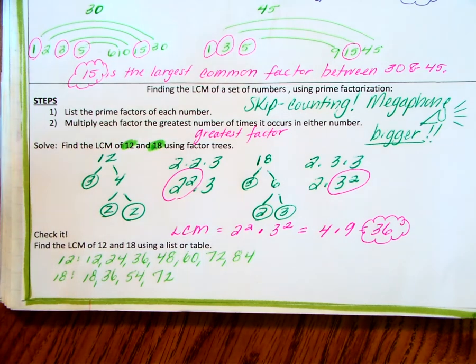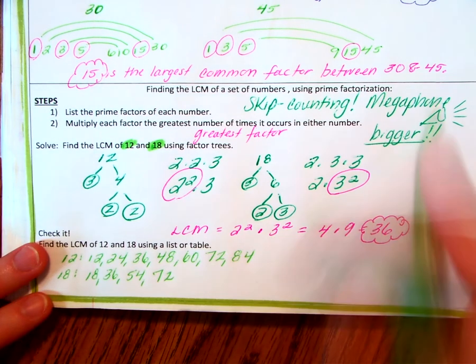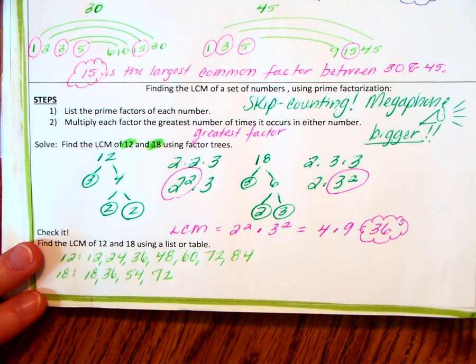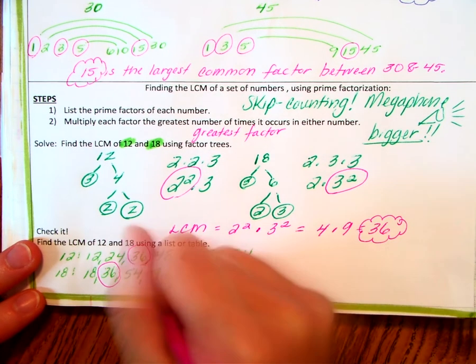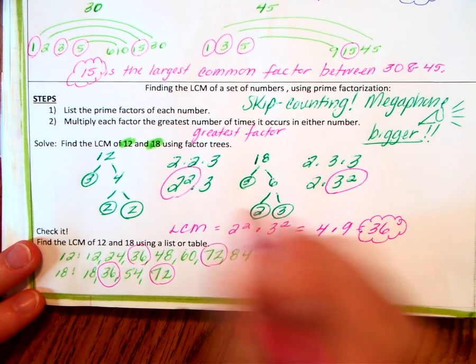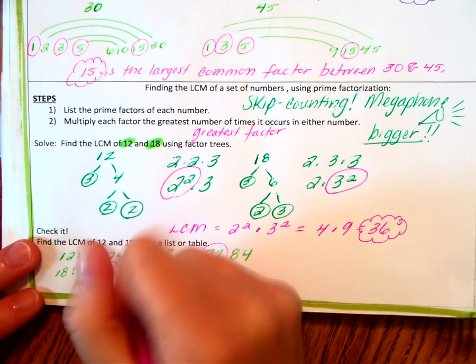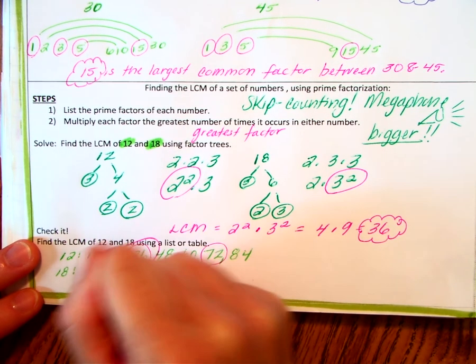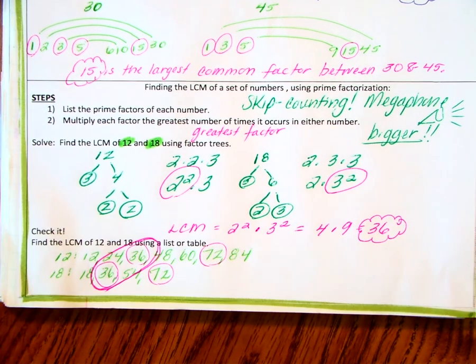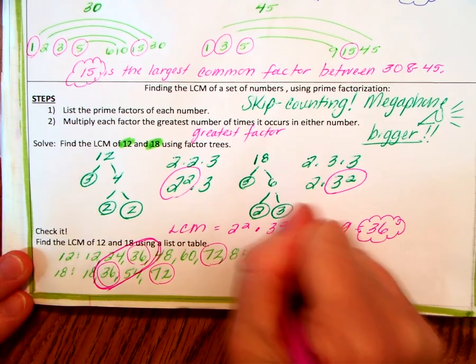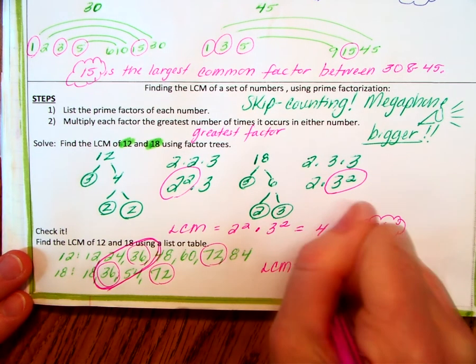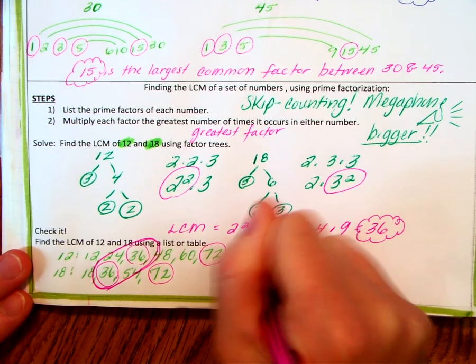I'm looking for common multiples. They have a match at 36. They have a match at 72. But we want the smallest one. This one is the smallest one. This is a common multiple, but not the least common multiple. So again, the least common multiple, even using our alternate strategy, is 36.